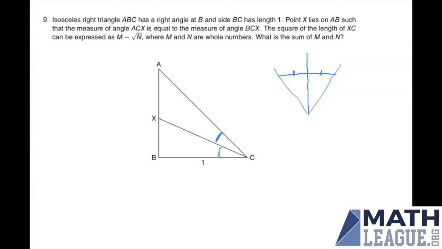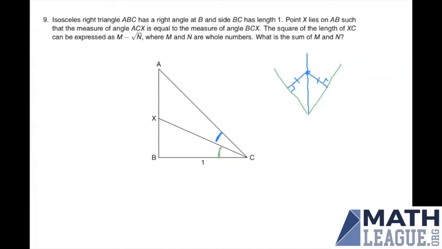Something more useful is that you can also do something like dropping the height. So if I take any point and drop the height, the perpendicular to the other side, what do I get? Well, I get a right triangle. But if I also drop the one to the other side, it's also a right angle. But more importantly, these two are equal. Basically, any point on this line has equal distance to the other two sides.